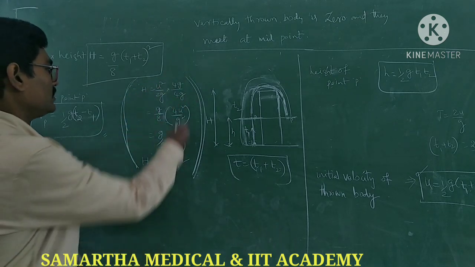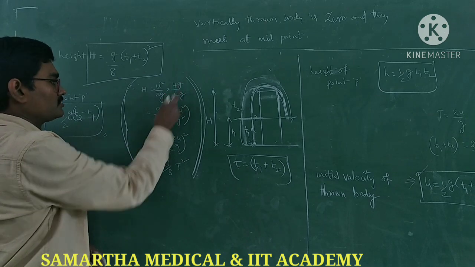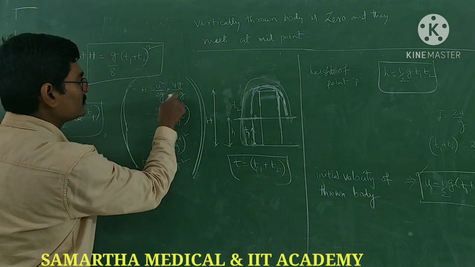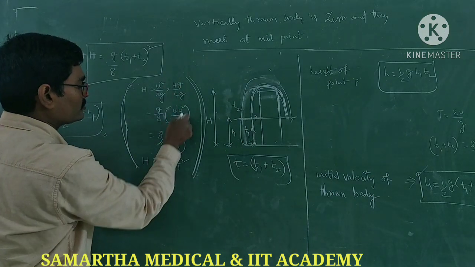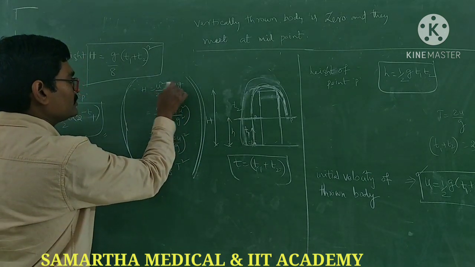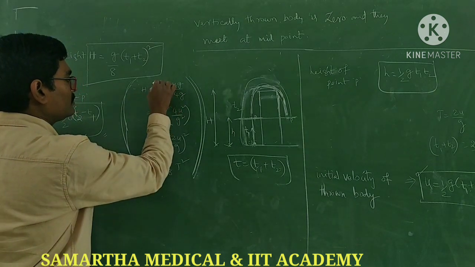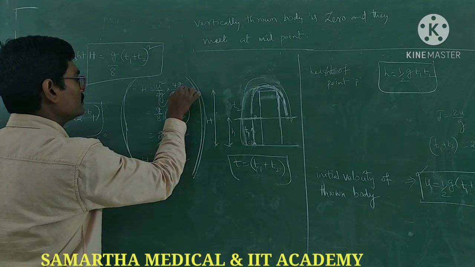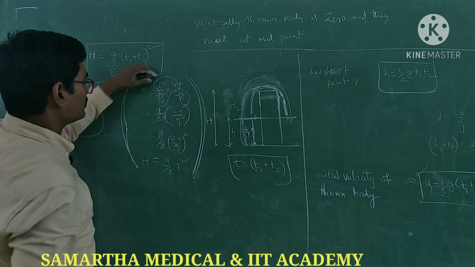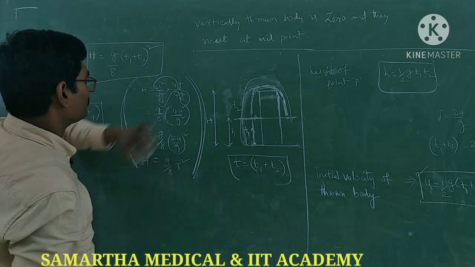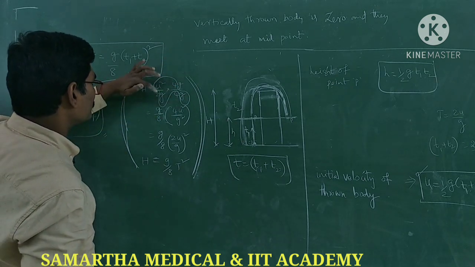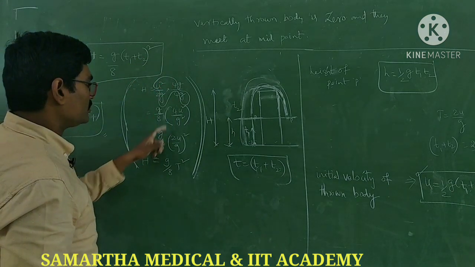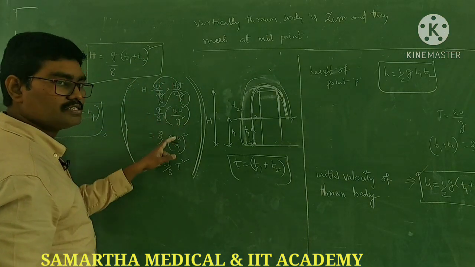So I am going to multiply and divide by 4. So g by 2, 4 twos are 8, into u square by g square into 4. 4 u square by g square together in a bracket, and g by 8 I am writing outside. So g by 8 into (2u by g) whole square.